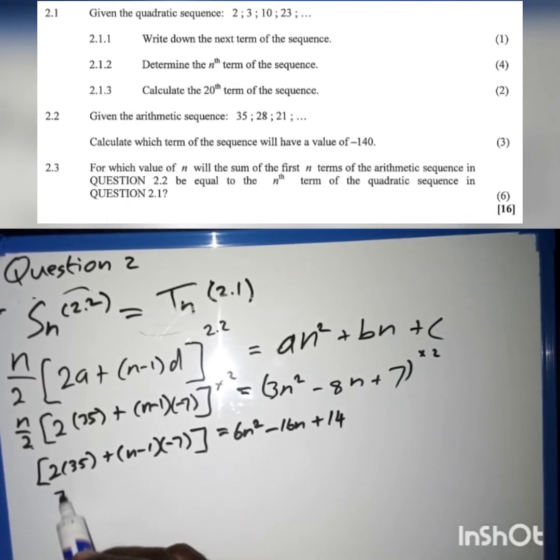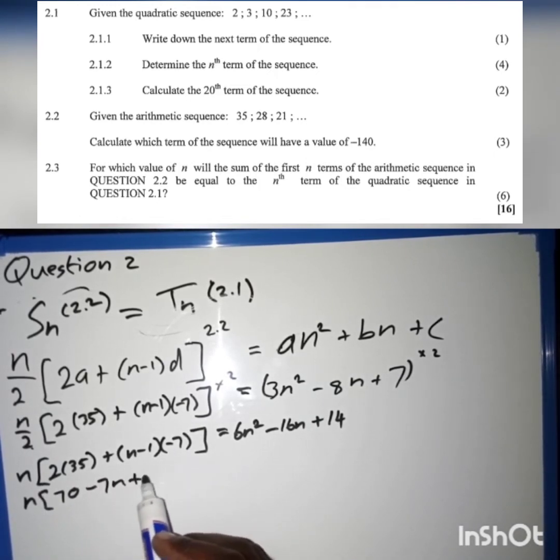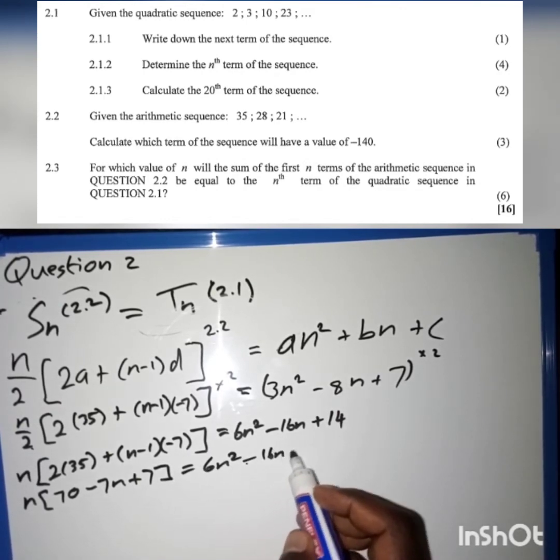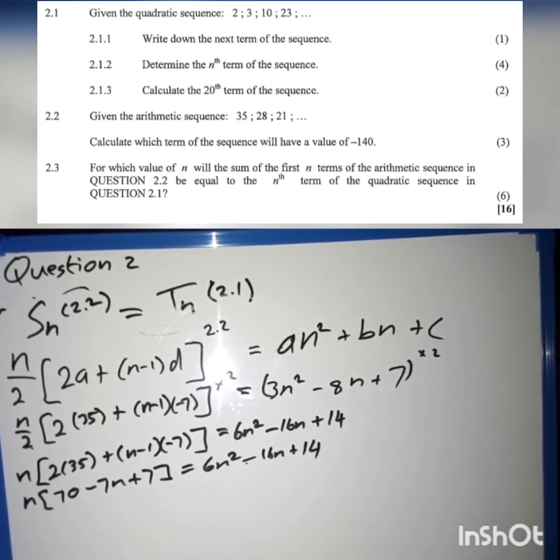And then here I've got 70, there's an n here, 70 minus 7n plus 7 is equal to 6n squared minus 16n plus 14.